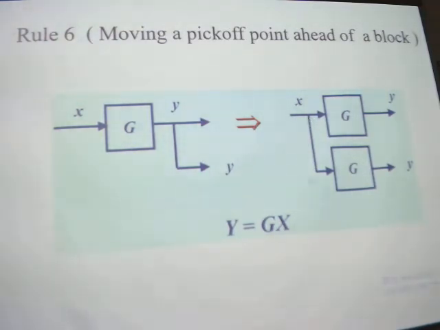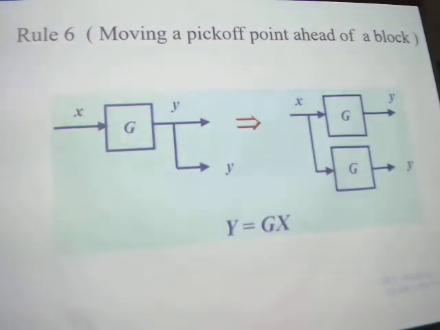So we should add a block on this arrow, so that the output is also y. This y will stay unchanged. If this pickoff point is moved ahead of the block and the value is x, we should add the block, so the output y is gx.